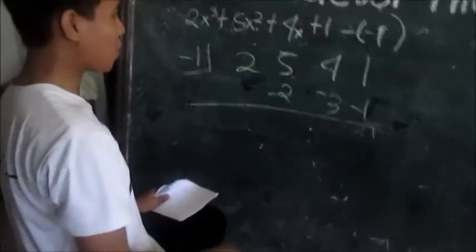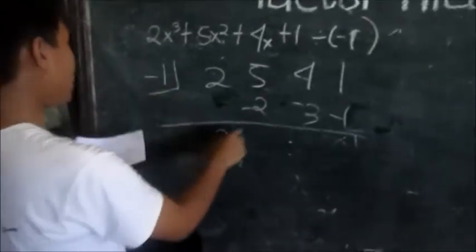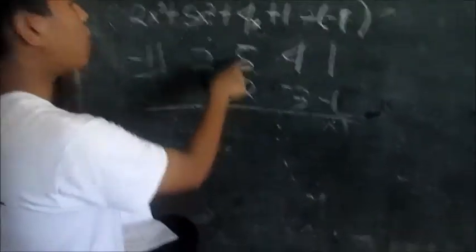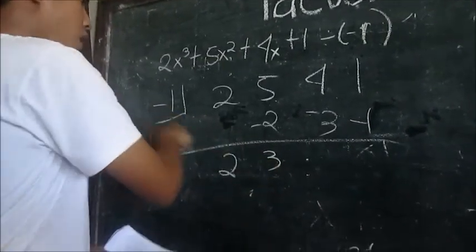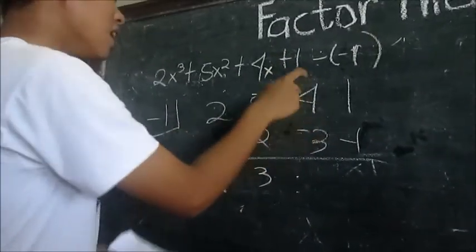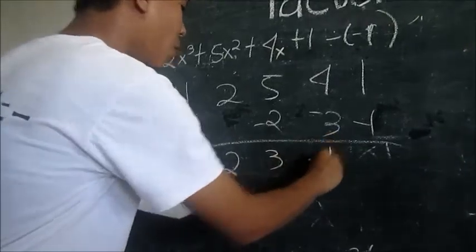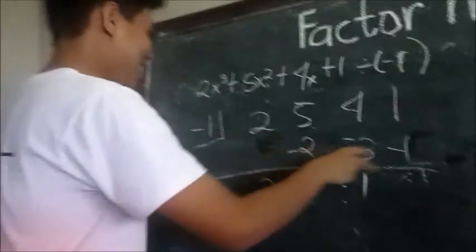We bring down 2. 2 times negative 1 is negative 2. 5 plus negative 2 is positive 3. 3 times negative 1 is negative 3. 4 plus negative 3 is positive 1. 1 times negative 1 is negative 1.